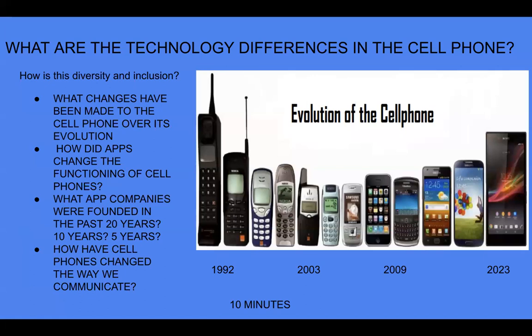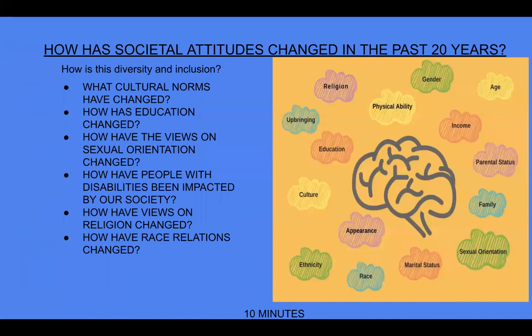And how have cell phones changed the way that we communicate? And again, what does that have to do with diversity and inclusion? We'll come back together again, and one person from each group will share what they have found together as a group. The other question based on that is how have societal attitudes changed in the last 20 years?